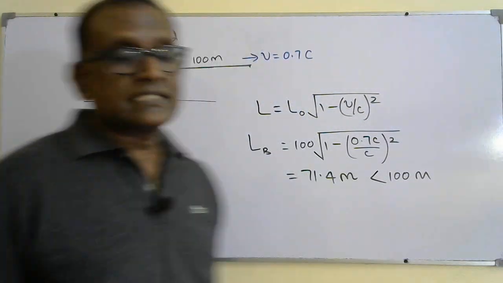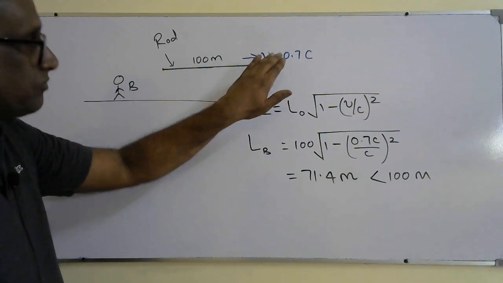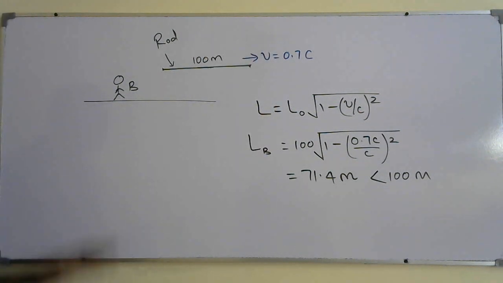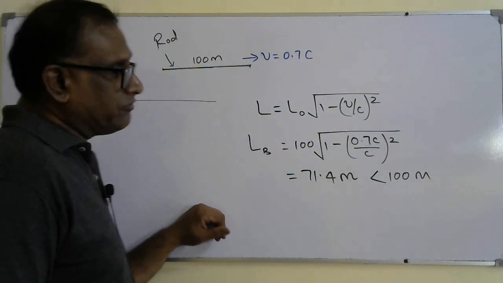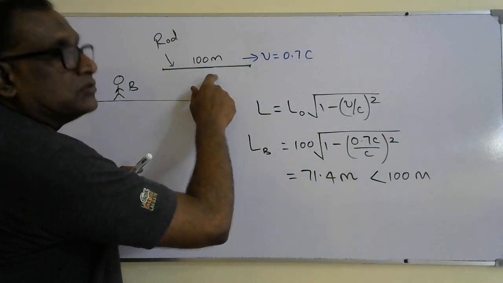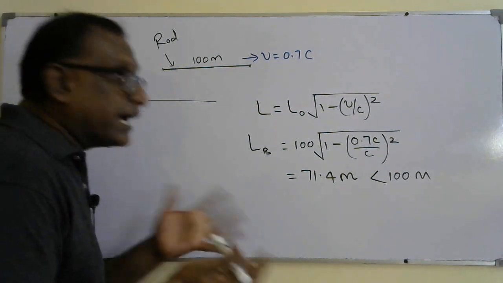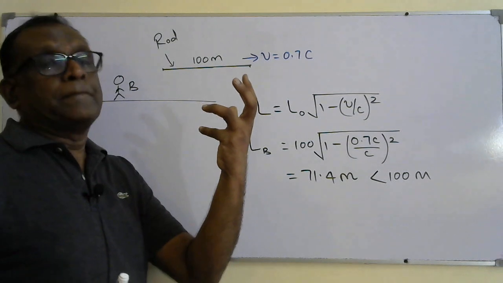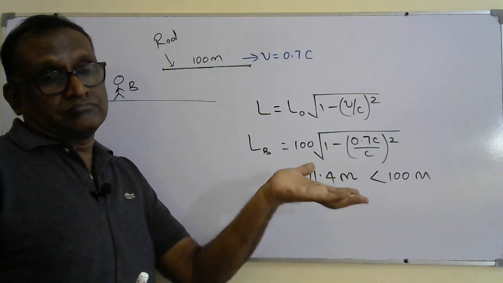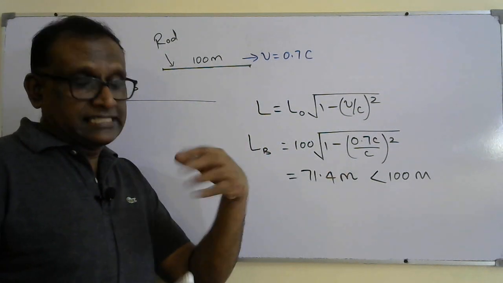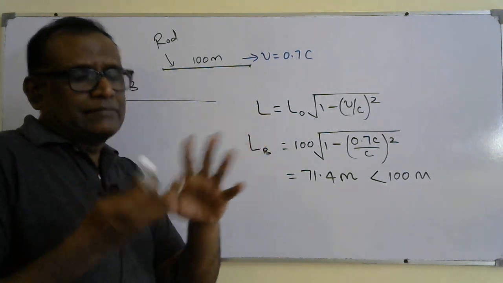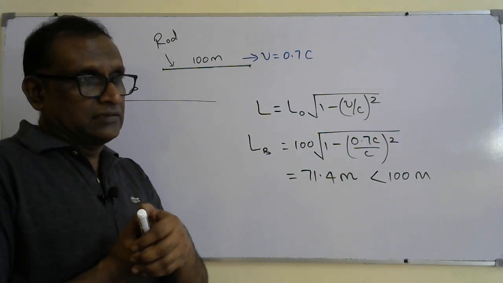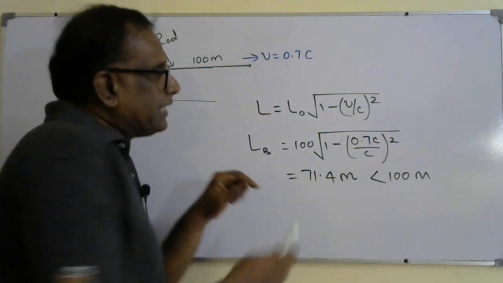Relative motion causes length contraction when the motion is at very high speed, closer to the speed of light. But we don't feel these things in day-to-day life. For example, imagine a rocket traveling at 500 meters per second, very high speed. Or a geostationary satellite, or the maximum speed we can reach in our day-to-day life, something like 4,000 meters per second.